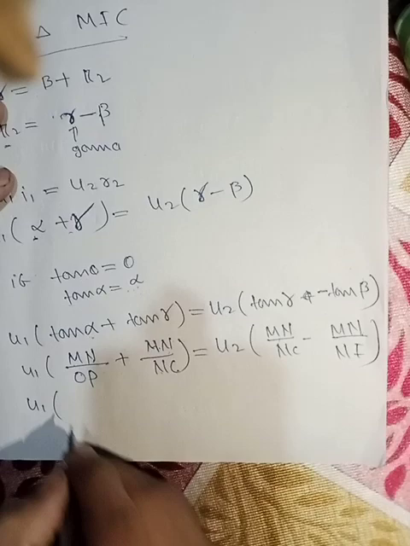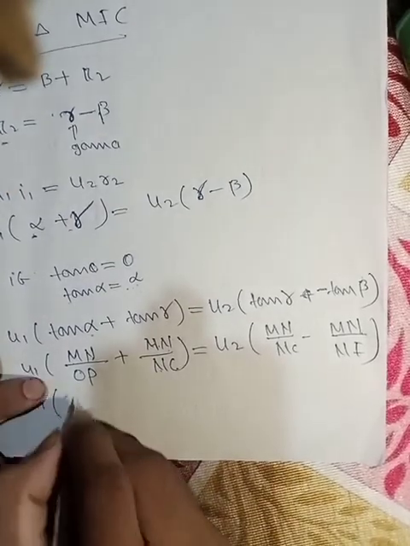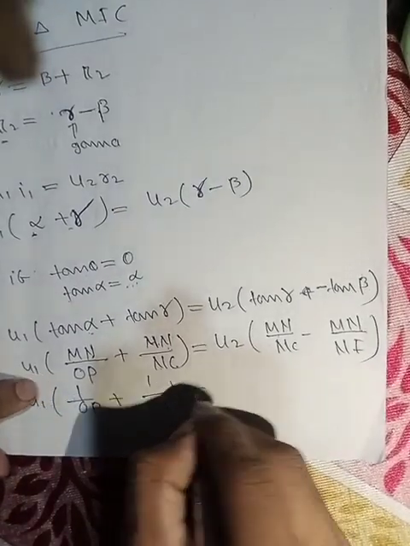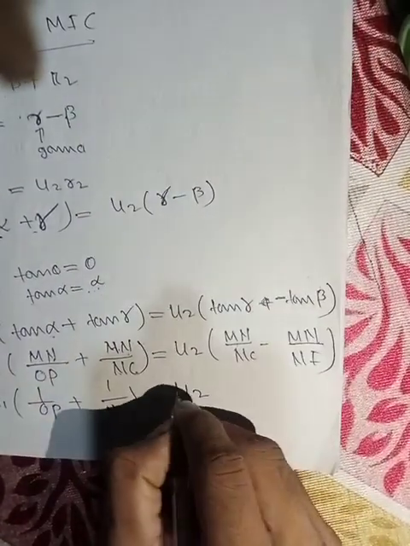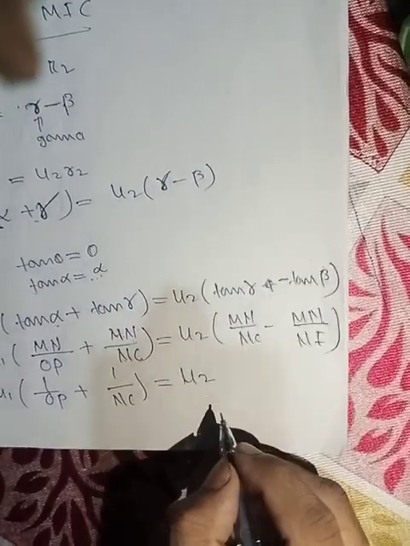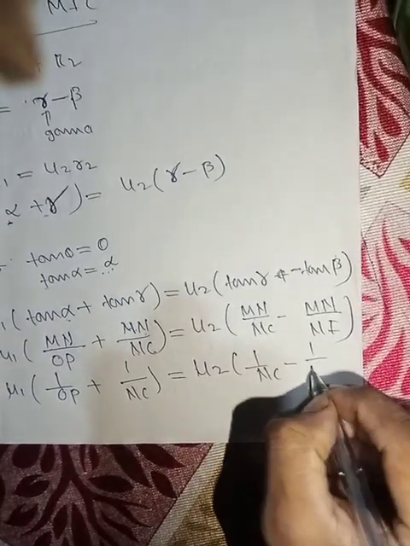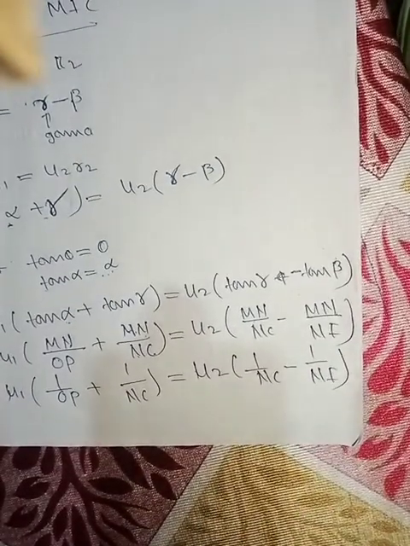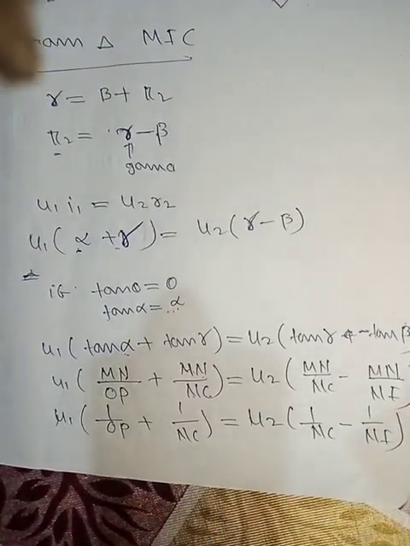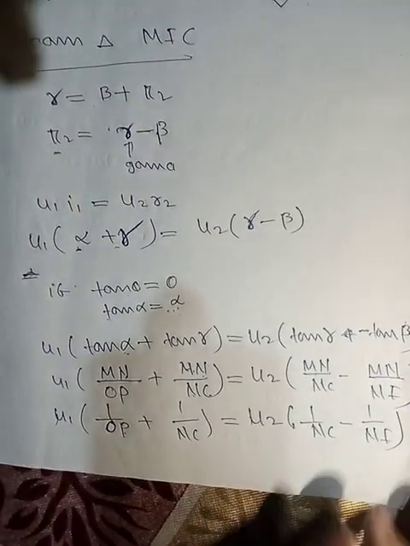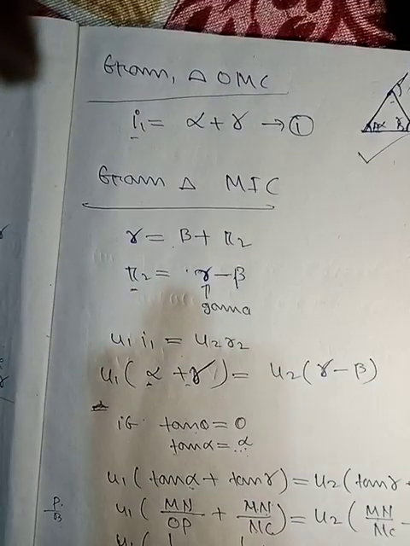When you divide both sides by MN, then you get 1 by OP plus 1 by NC is equal to mu2 times (1 by NC minus 1 by NI). Now our answer is near, don't worry. Now we need to do one thing: find the value of OP. What is the value of OP?